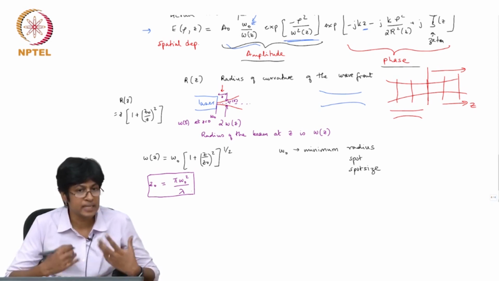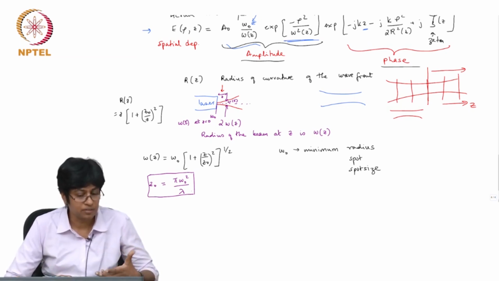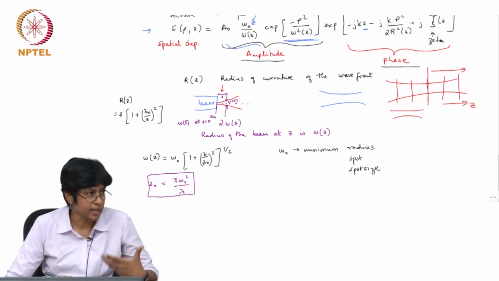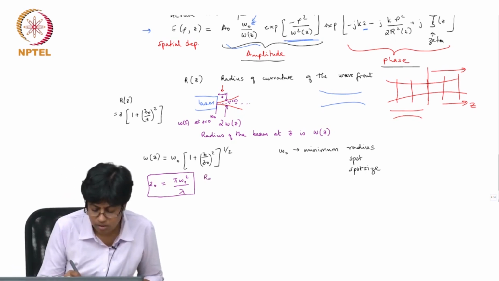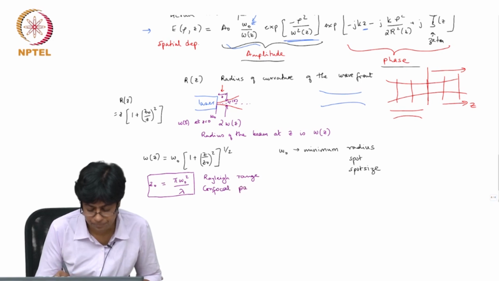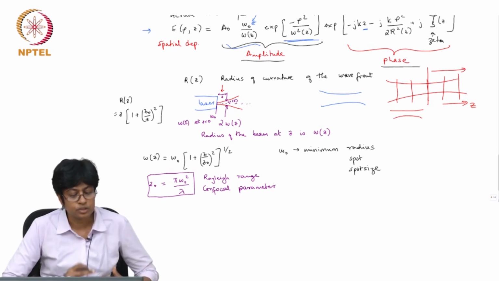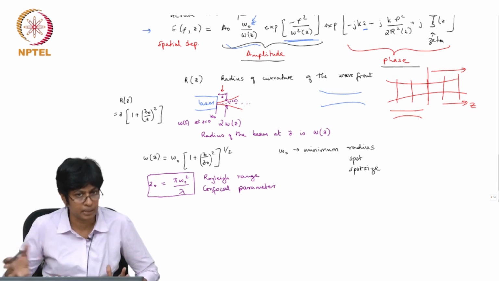Now, if we had done a formal derivation, in the course of the derivation, these terms would have been developed. I am just giving you the expressions now. Okay. Z naught is often called the Rayleigh range of the Gaussian beam, or it's sometimes called the confocal parameter. And in today's class, the significance of these parameters ought to become clearer.